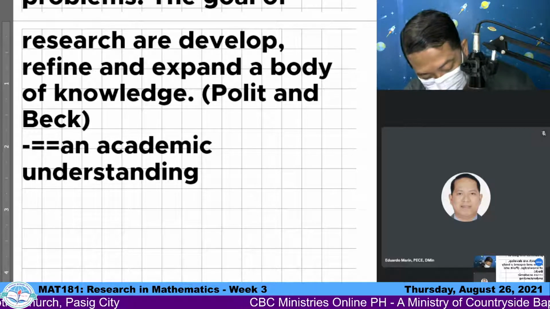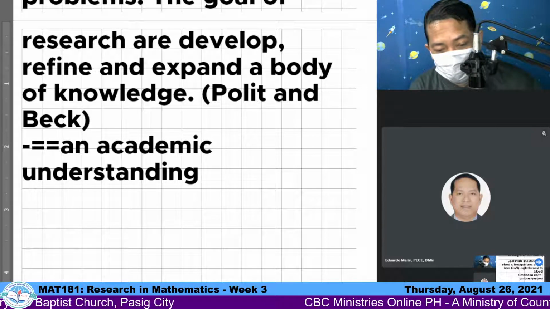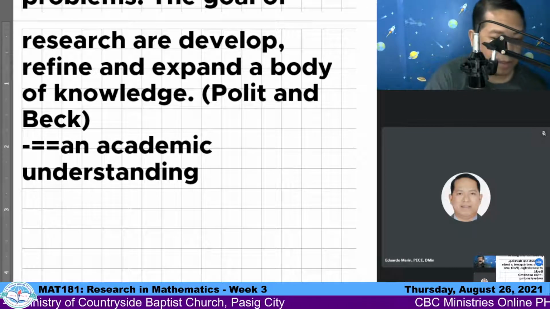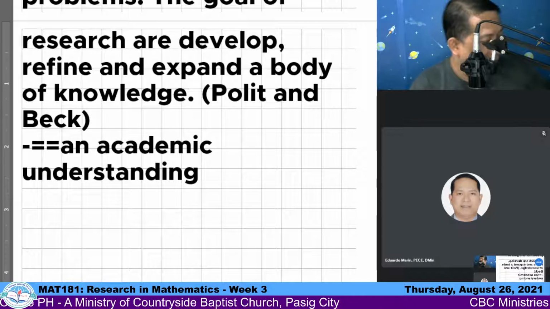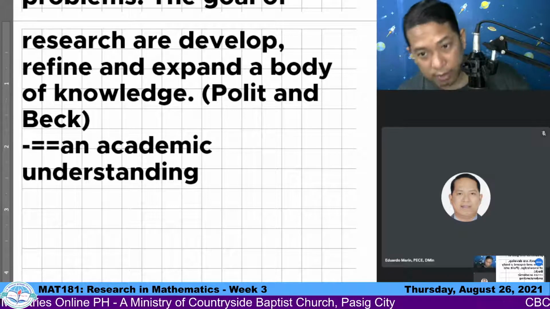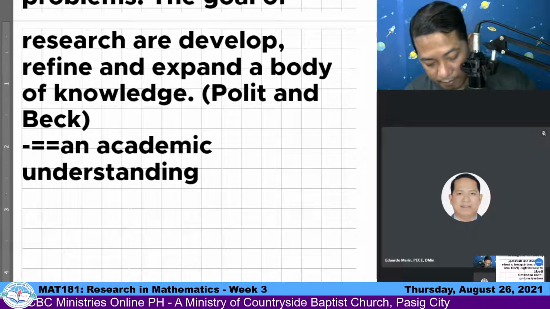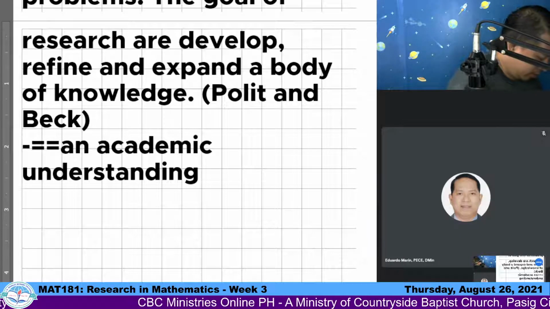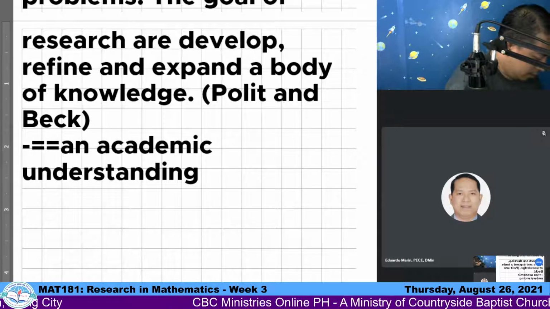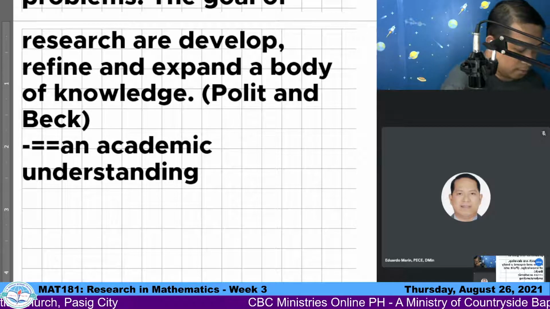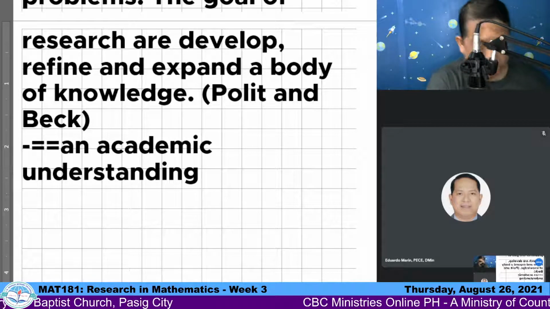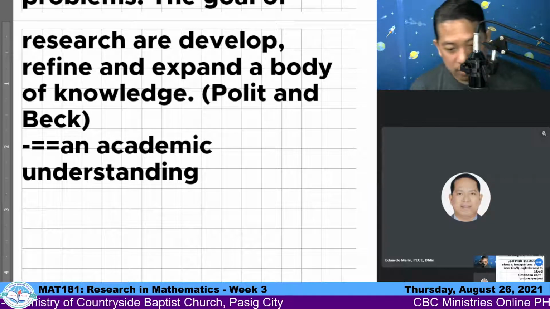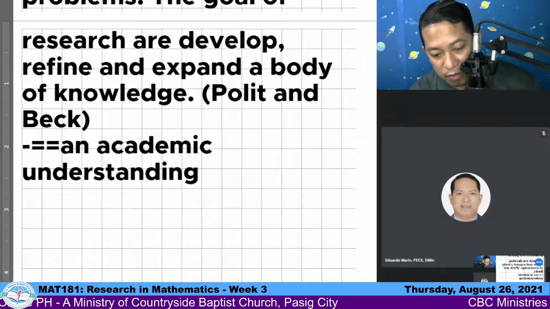Musta kayo dyan? AJ, so just view this. Some clients outside. Husky pa rin boses ko, hindi ko alam. Tingin ko malakas pa rin itong volume.